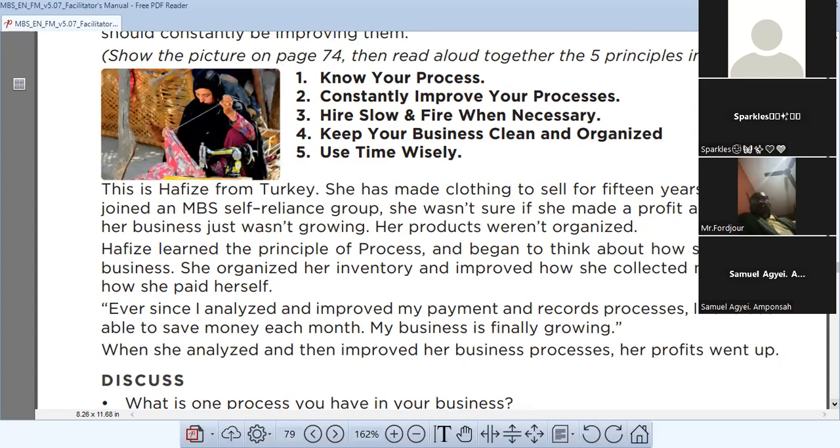The reason is that she was not understanding her process, what was going on in the process, and she didn't understand how she was going to collect the money, and she didn't understand the records process, how she's supposed to keep her records and things like that. So when she learned this through MBS, she understood that she can actually maintain records.